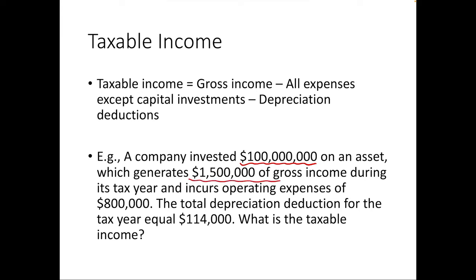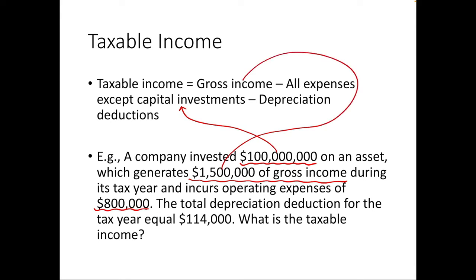So this is your gross income, right? And it incurs operating expenses of 800,000. So that is your expenses. So you want to know this is the capital investment, this is your gross income, and this is your expenses. The total depreciation deduction for the tax year equals 114,000. This is your depreciation deduction.